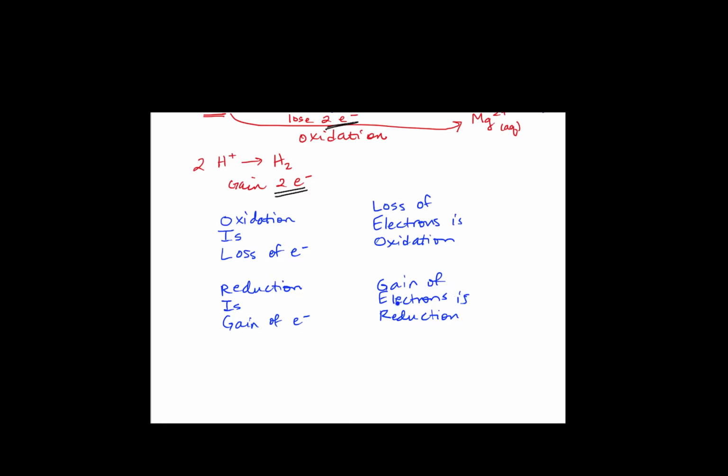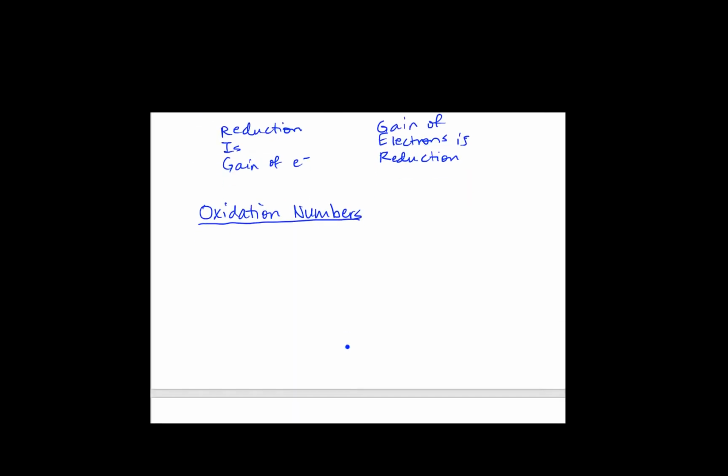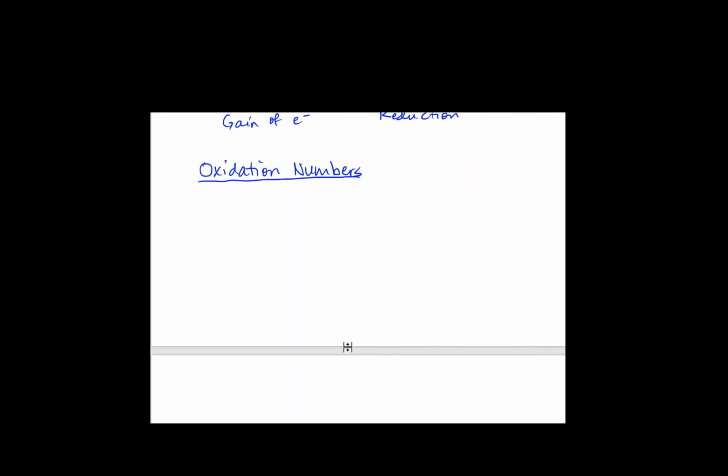So in order for us to recognize when an oxidation and reduction reaction is taking place, we have to be able to identify the oxidation numbers. I've already sort of shown you a few oxidation numbers, but we're going to go through this in detail in case it's been a while since you have seen them, or in case this is your first time having this broken down. So we have several rules for identifying oxidation numbers.